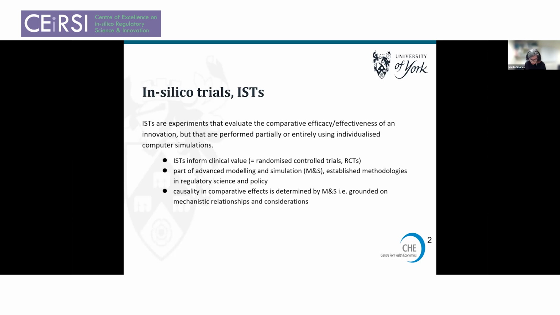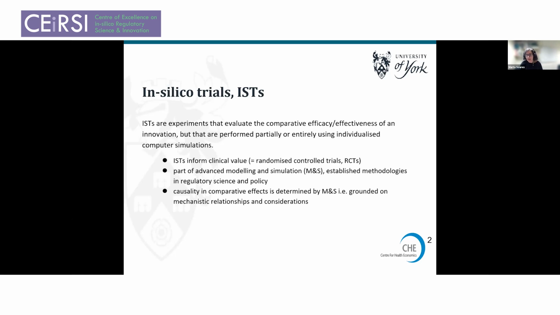Just for the sake of definition, for in-silico trials it's worth noting that causality, which means the comparative effect of the technology in relation to a comparator, is determined by modeling and simulation. That is, it's grounded on a mechanistic relationship and considerations, a bit like a model, as Natalia grounded her presentation on.